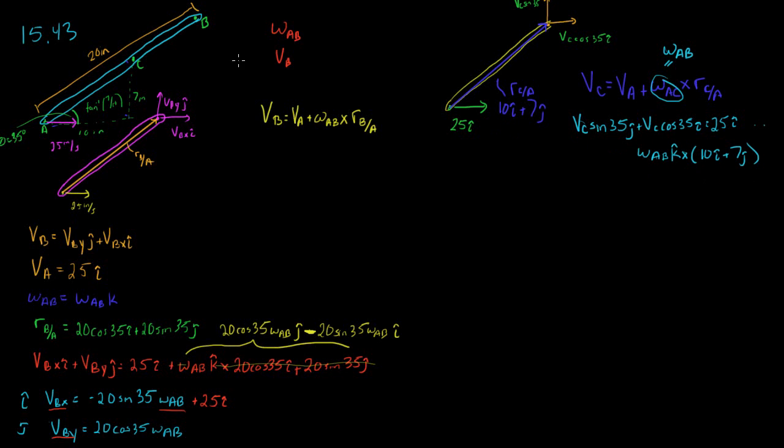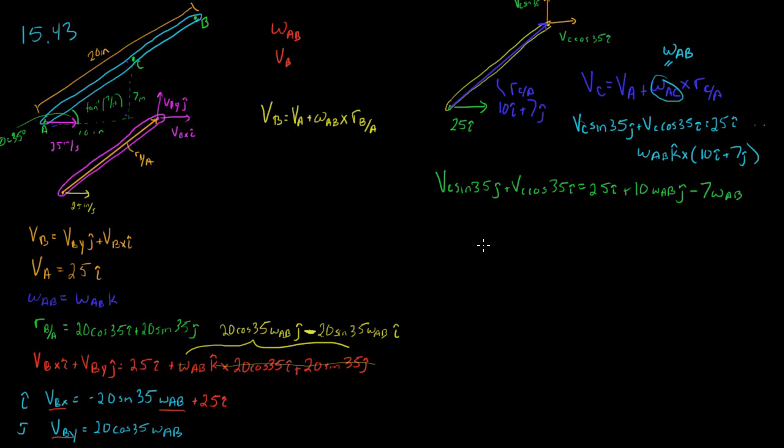So let's rewrite this equation, get it on the same line, do this cross product. We get the velocity of C times the sine of 35j plus the velocity of C times the cosine of 35i is equal to 25i plus 10 omega AB. K cross I is a J. And 7 omega AB, K cross J, is a negative I, so minus 7 omega AB.